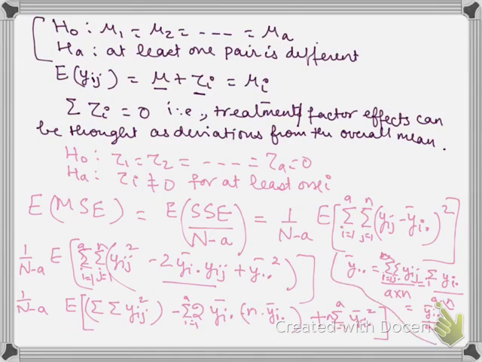So this is just some side work. So the expected value of mean square error is equal to 1 over n minus a times the expected value of the double sum yij squared minus n times yi dot bar squared.